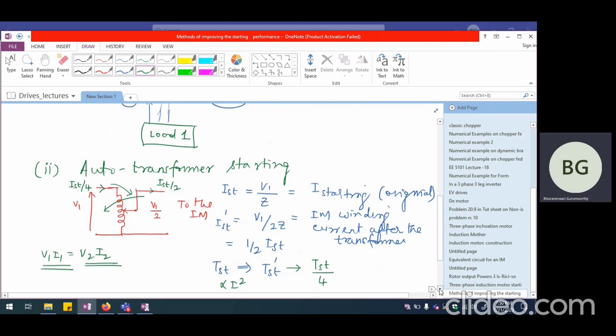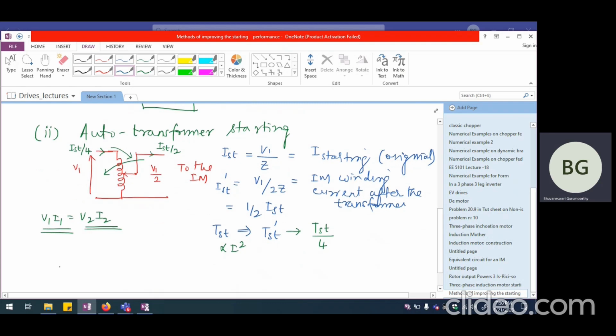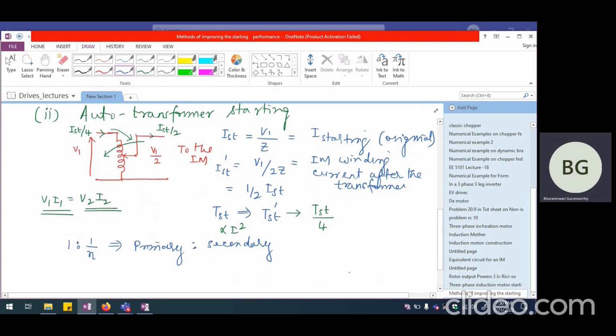If I have the transformer turns ratio as 1:1 by N, the primary to secondary side turns ratio, in that case the starting torque as well as the current on the primary side are both going to be reduced by a factor of 1 by N square.